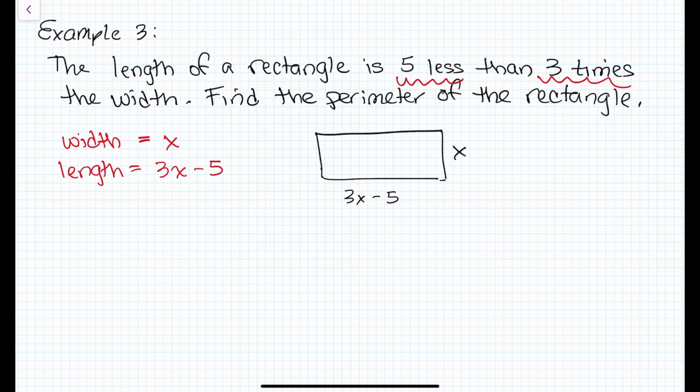So for perimeter, I need to add up all 4 sides. So I'm going to say 3x minus 5 plus x. And then we know that this is also 3x minus 5, and this is also x.